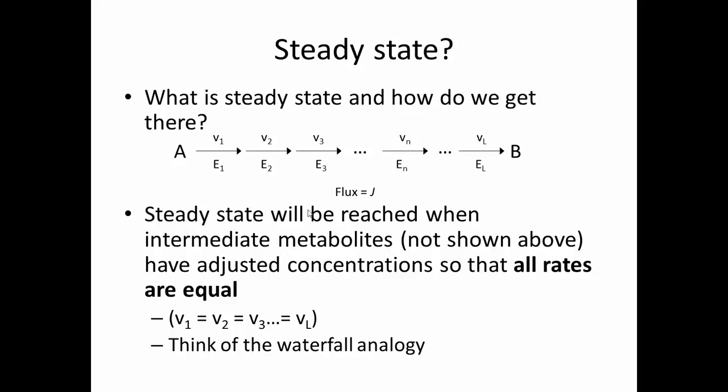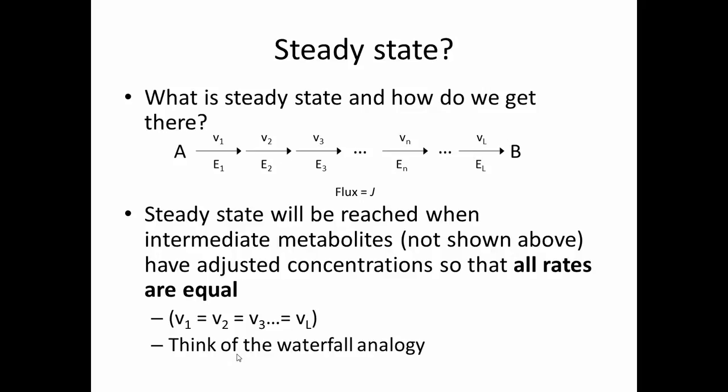And basically flux becomes important when we're talking about steady state. So steady state will be reached when our intermediate metabolites, which are the spaces in between these arrows here, have adjusted their concentrations so that all the rates are equal, so that V1 equals V2 equals V3, etc., all the way to VL here.